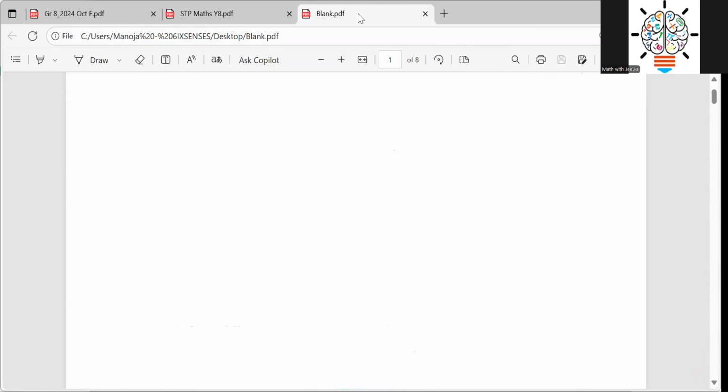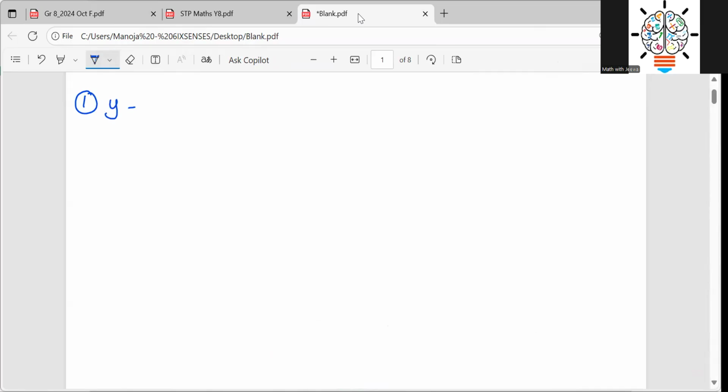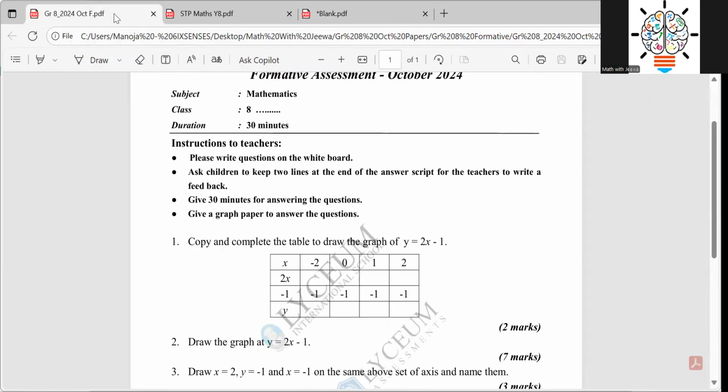So the first question I have, the equation they have given, is y = 2x - 1. And we'll see the x values they have given: -2, 0, 1 and 2. By any chance, if they have not given the x values, children, what we are supposed to do is select our own x values.